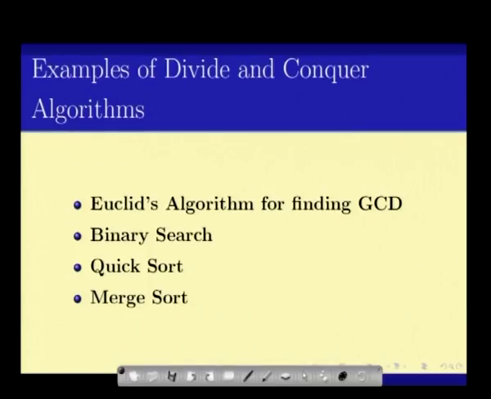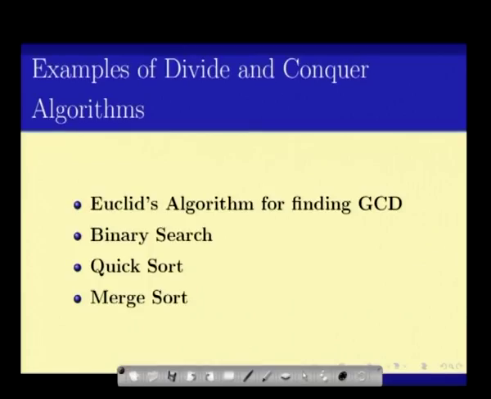Which one to search is determined by whether the element that we are searching for is smaller or greater than the middle element. Quick sort and merge sort were two classic examples of divide and conquer, where we have the set of numbers that we want to sort.